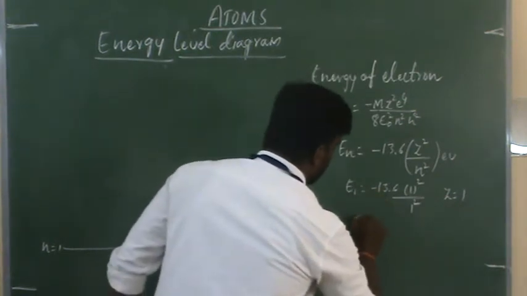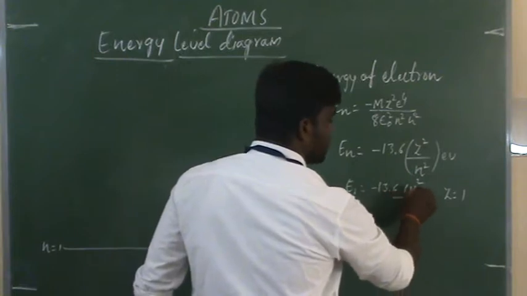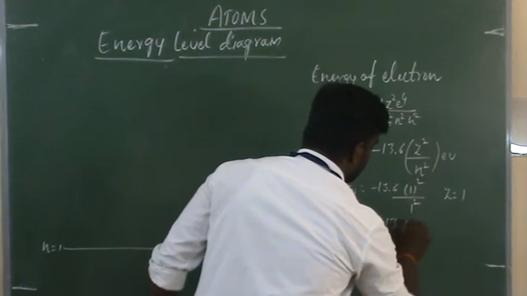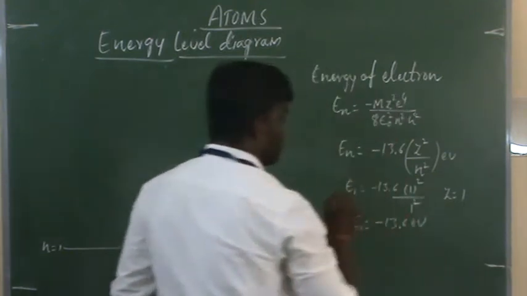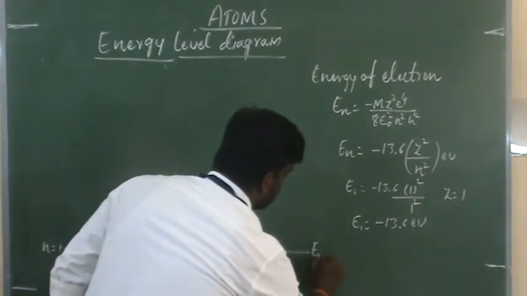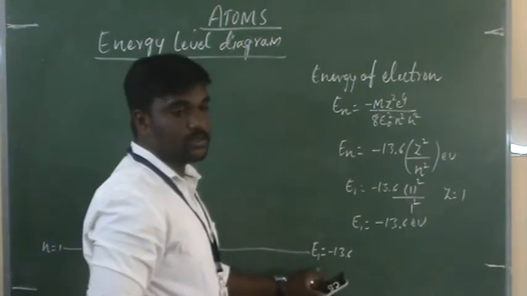We get E1 is equals to minus 13.6 into 1 whole square, that is 1, so minus 13.6 electron volt. So the energy of the first orbit E1 is equals to minus 13.6. This is the ground state.